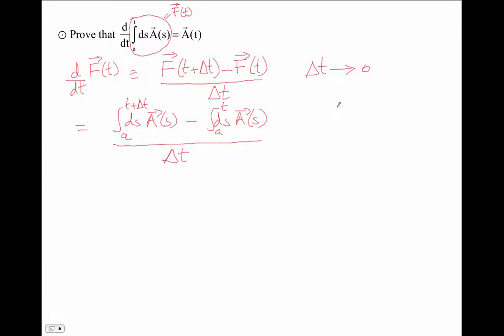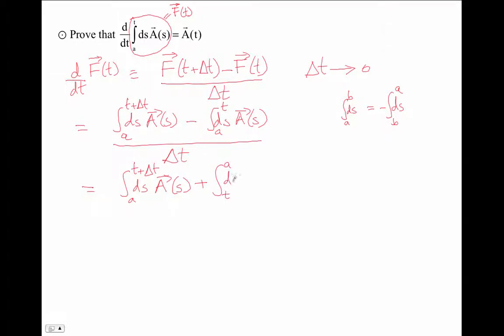Now let's recall that if I have an integral which goes from a to b, then that's the same as the integral from b to a with the sign reversed. So let's then write this as the integral from a to t plus delta t, and this has been left unchanged, but this over here is now from t to a.